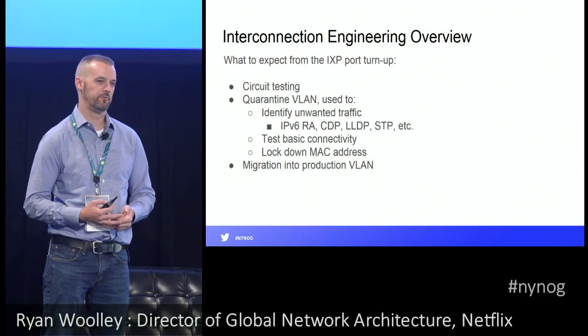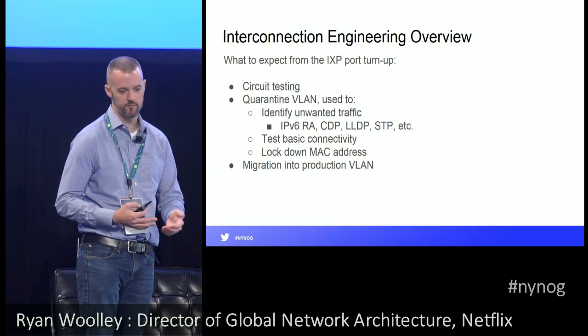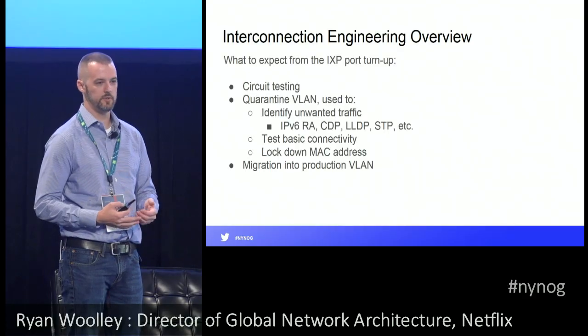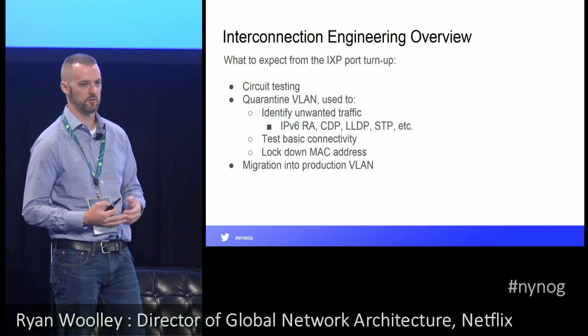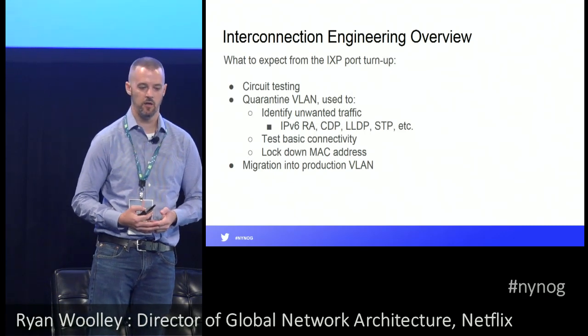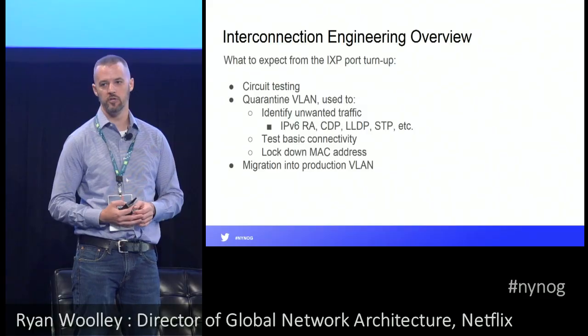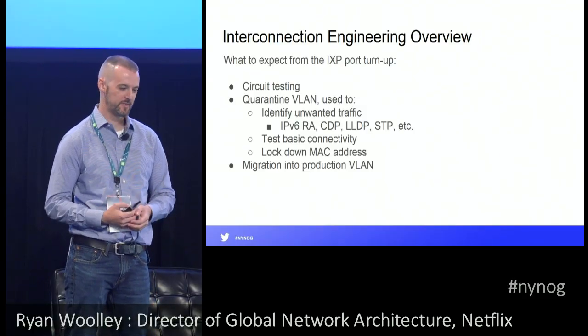It's very, very common for networks who are new at this to send IPv6 router advertisements, CDP, STP, various link layer protocols that you really don't want on a layer 2 fabric. They're very much harmful. So the operator will identify those for you and tell you to turn them off, basically.